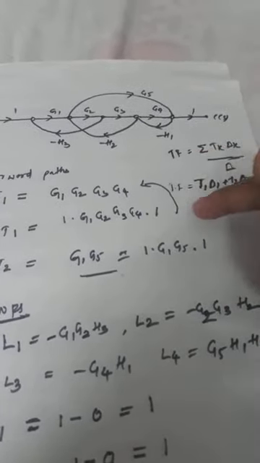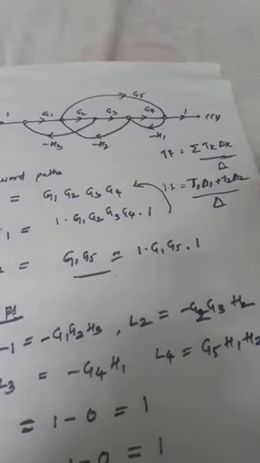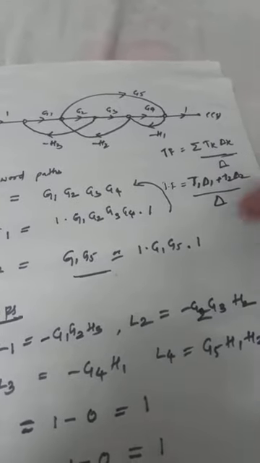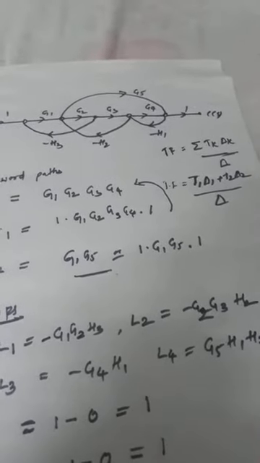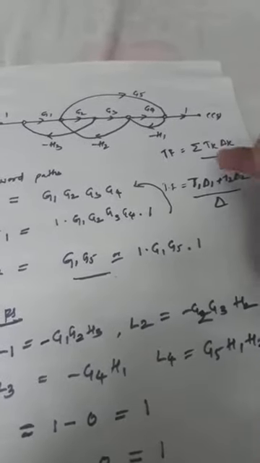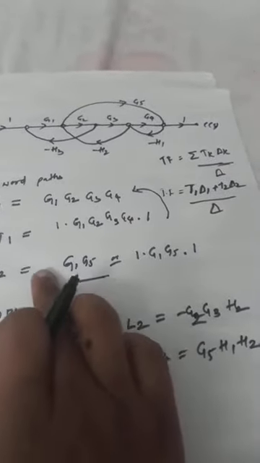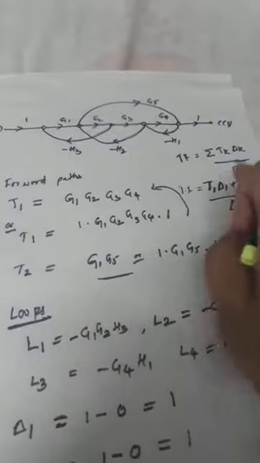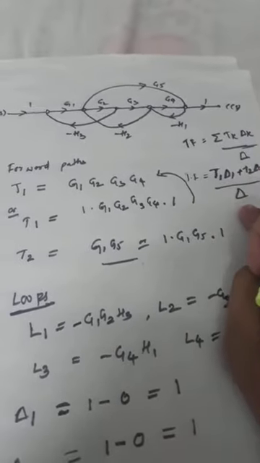If the number of forward paths is 3, it will be T1 delta 1 plus T2 delta 2 plus T3 delta 3 divided by delta. If 4, T1 delta 1 plus T2 delta 2 plus T3 delta 3 plus T4 delta 4 divided by delta. That means this formula depends on the number of forward paths. Here we have only two forward paths, so the formula is T1 delta 1 plus T2 delta 2 divided by delta.